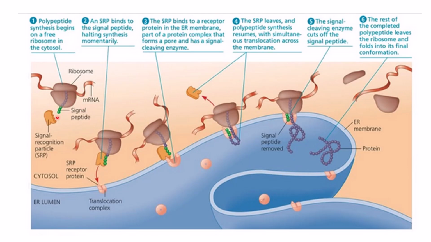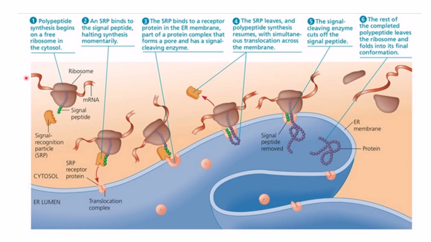This is the signal peptide. The signal peptide will be recognized by the signal recognition particle. The signal recognition particle will bind to the signal peptide and it will halt the synthesis of protein temporarily.